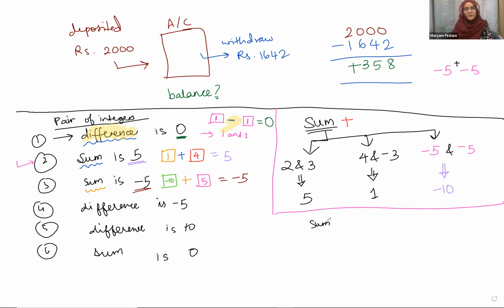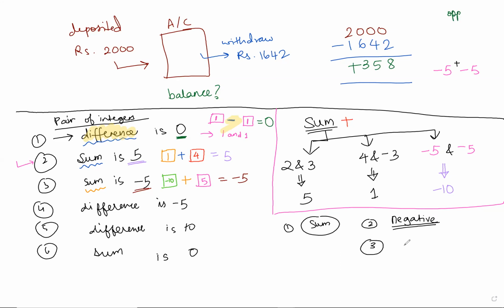First of all, it has to be a sum. Second, of two negative integers, both of them should be negative. The third condition is that the final answer should be minus 5. Now tell me.